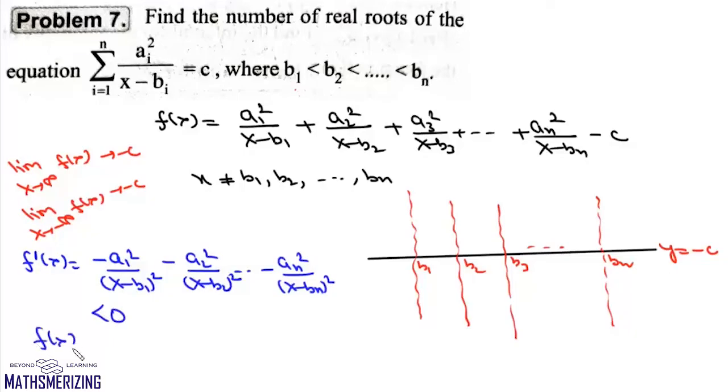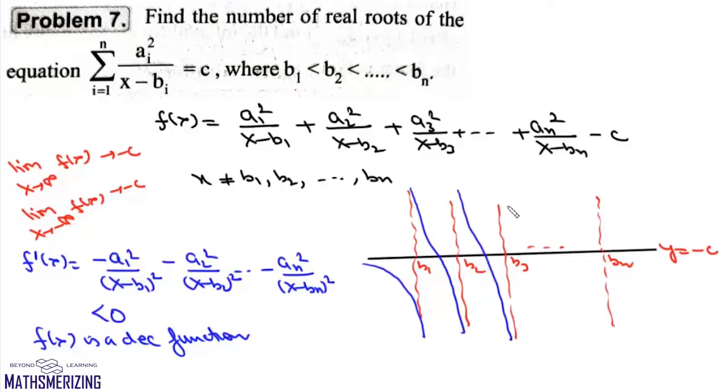So this function fx is a decreasing function. So it'll start with minus c and then it'll decrease. Here again it'll decrease. Here again it will decrease. So it will decrease in all the intervals, and finally will be drawn like this.